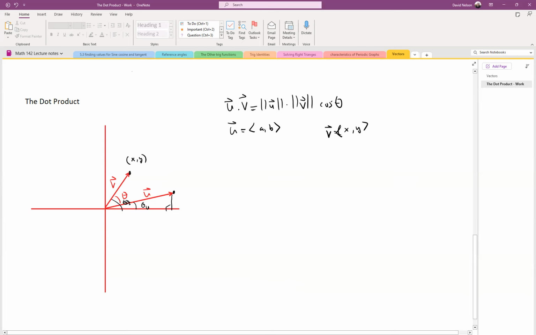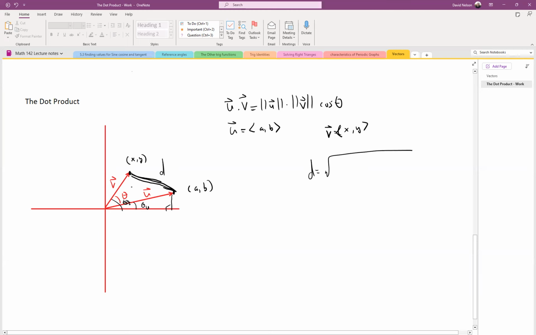So if we put our vector starting at the origin, the tip of it would be at the point xy, and u would be at the point ab. All right. And what I want to do is look at the distance between those two vectors. Let's call it d.